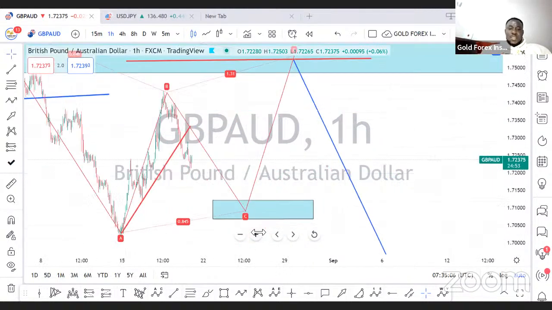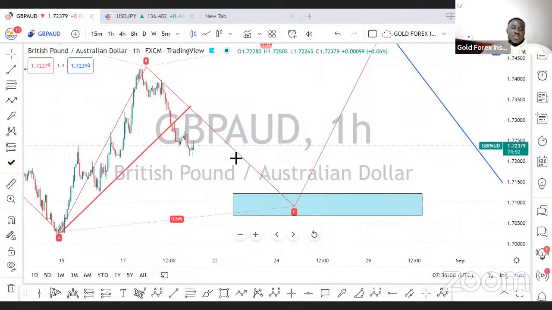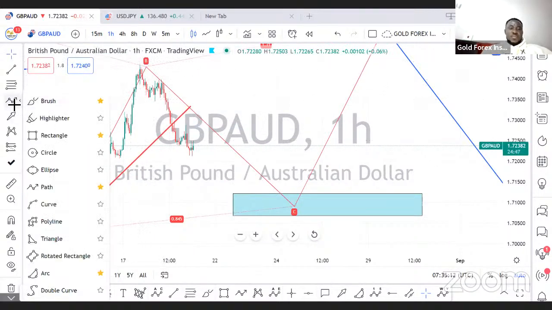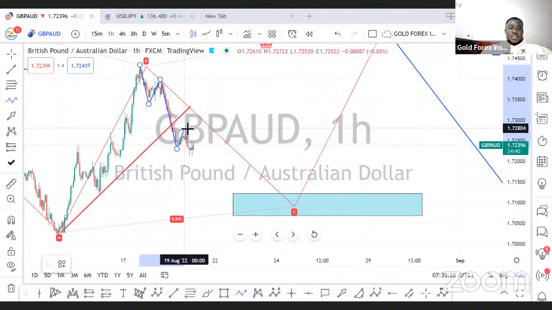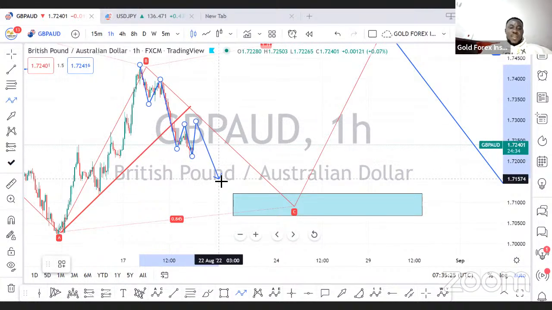Even within the pattern, you can have an Elliott wave over here. So you have from here, you have wave 1, 2. This one maybe might form a flat correction, then give us another wave 5 here.